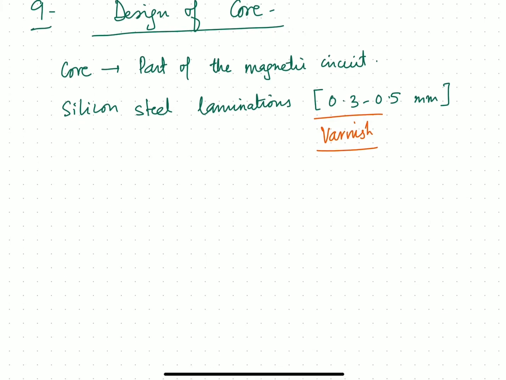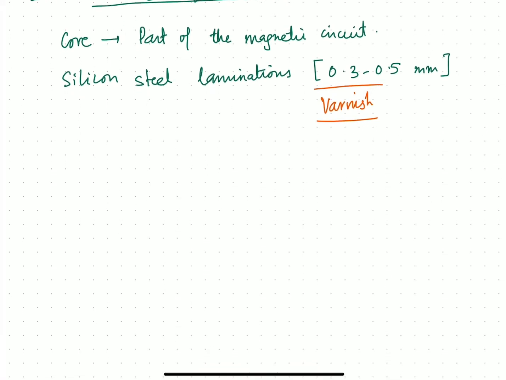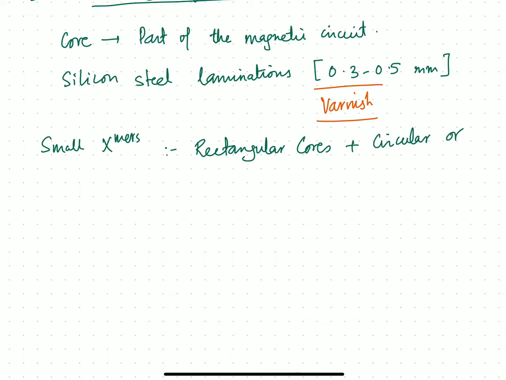For small transformers we use rectangular cores, and the nature of the windings is either circular or rectangular coil.